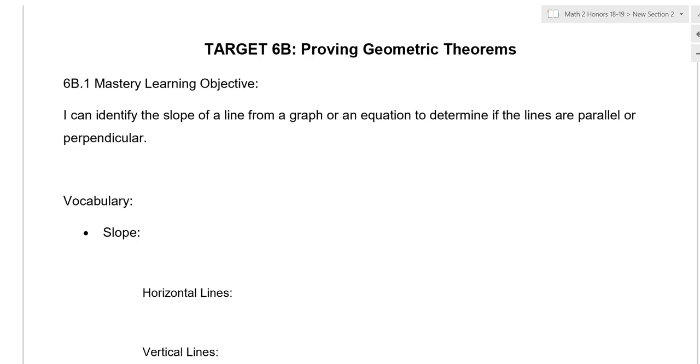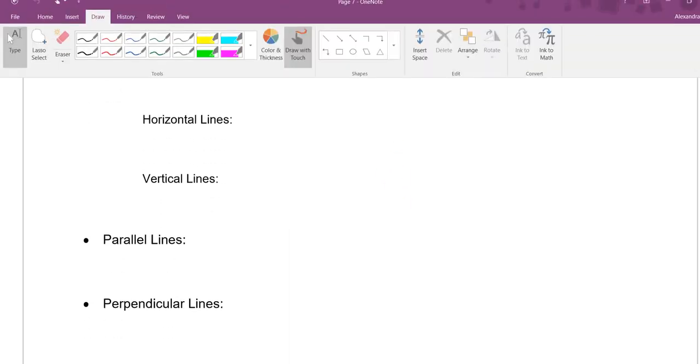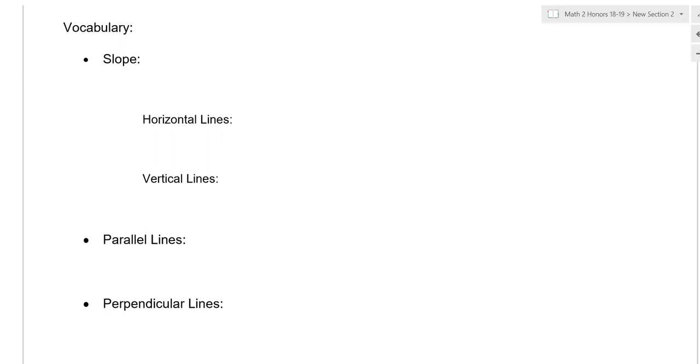Okay. So the first thing we're going to look at is some vocabulary. First, we have slope. Again, slope learned last year, so this first part should be a review. The definition of slope is the steepness of a line.